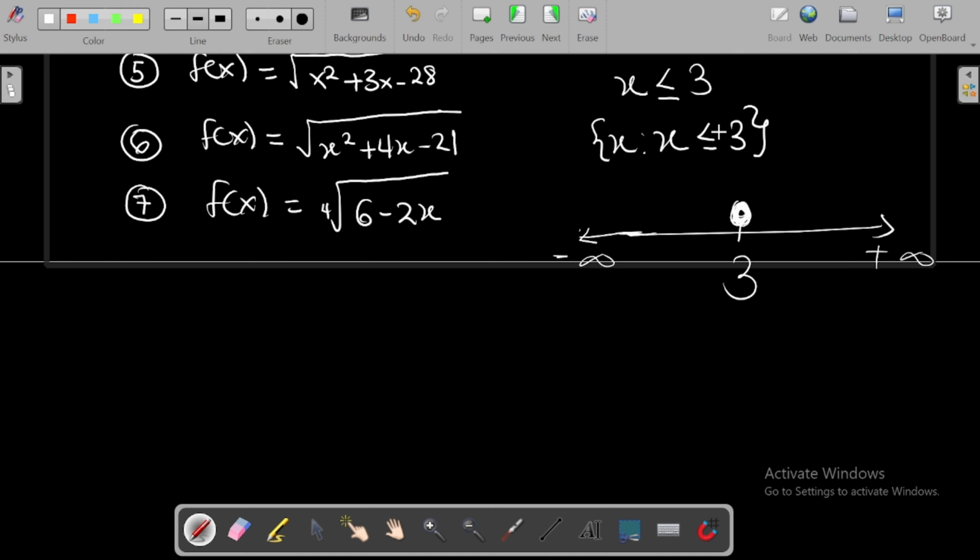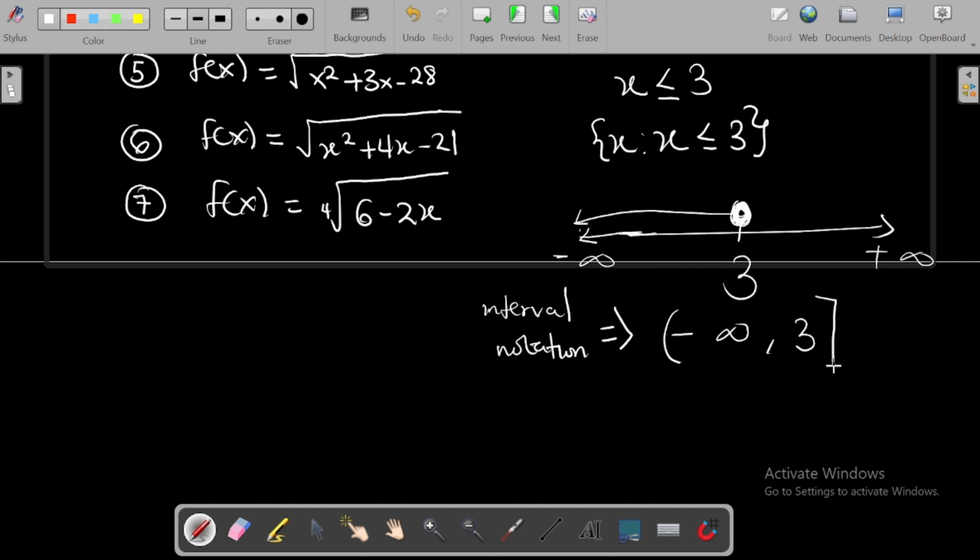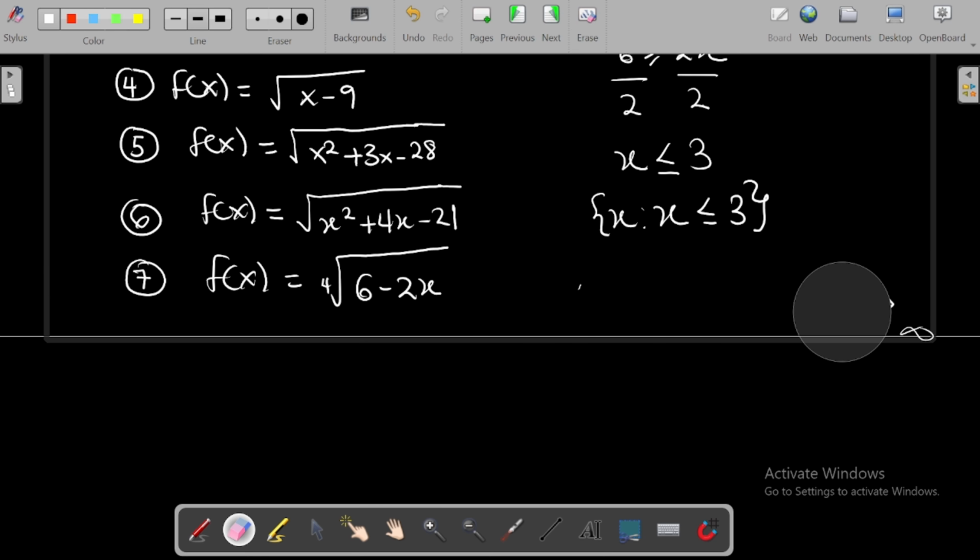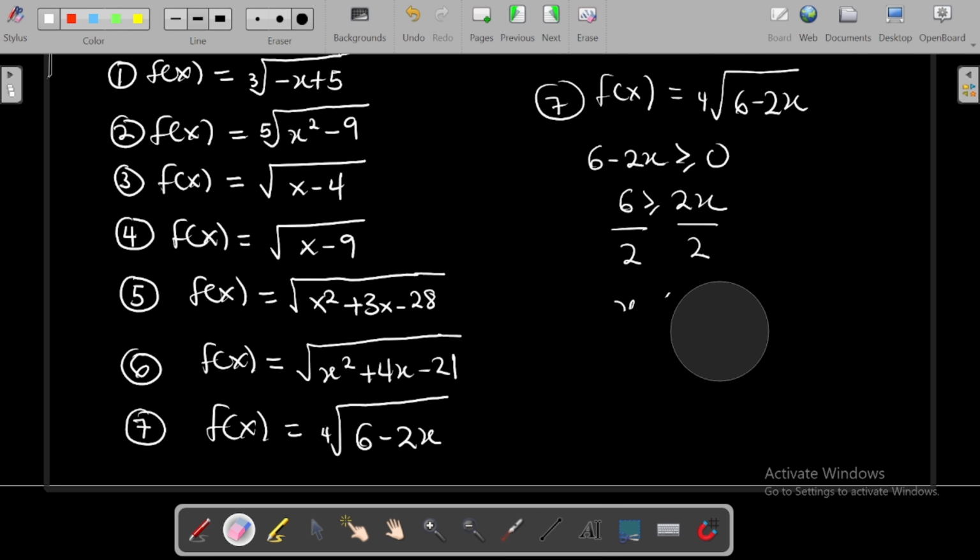And since it is less than or equal to, for you to write the domain as an interval notation, you can simply write it as negative infinity to 3 with a square bracket, since the 3 is shaded and is included in the region of the domain.